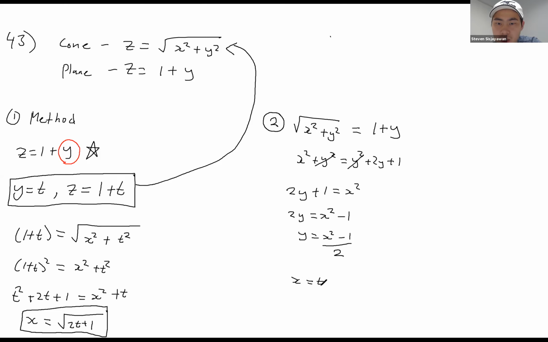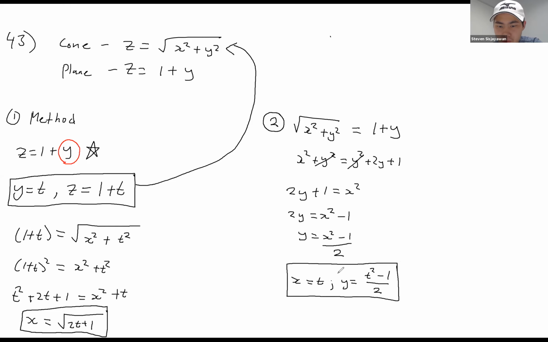Instead of setting y equals t like in the first method, I can just set x equals t after condensing it down to this equation. Then I can find the parametric equation for y as y is equal to t squared minus 1 over 2. So from that, I get both the x function and the y function.